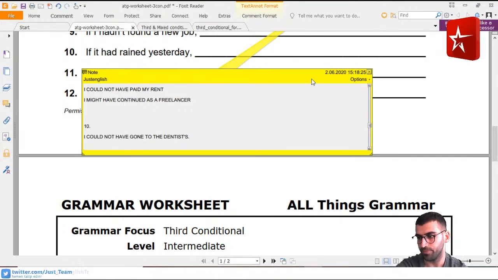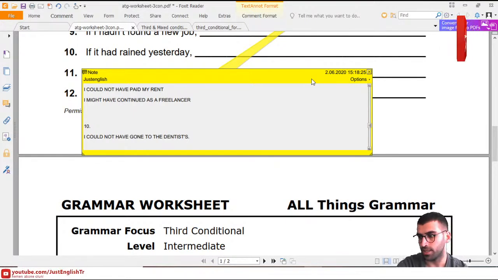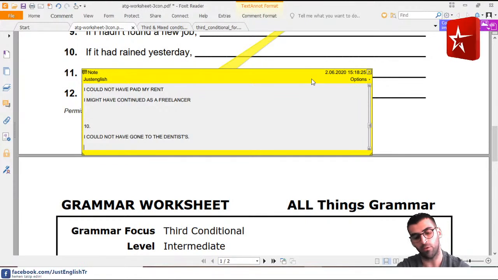What about your idea for number 10? Yes, I couldn't have gone to the dentist.